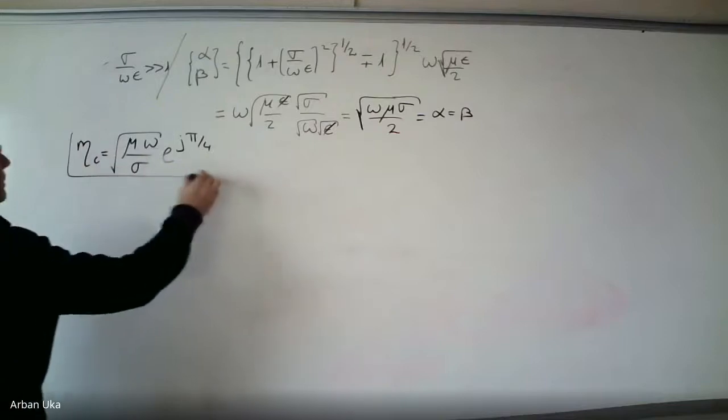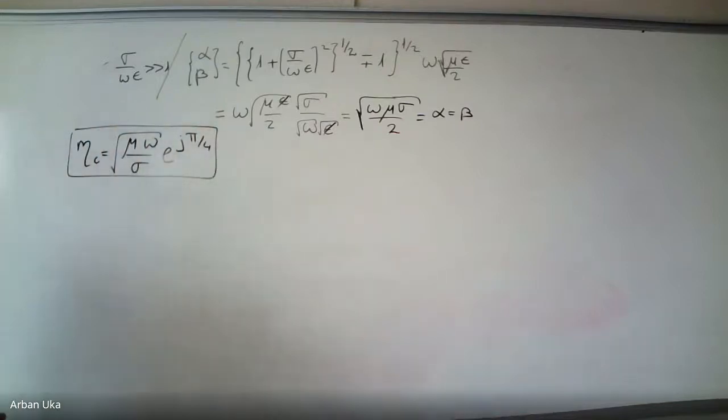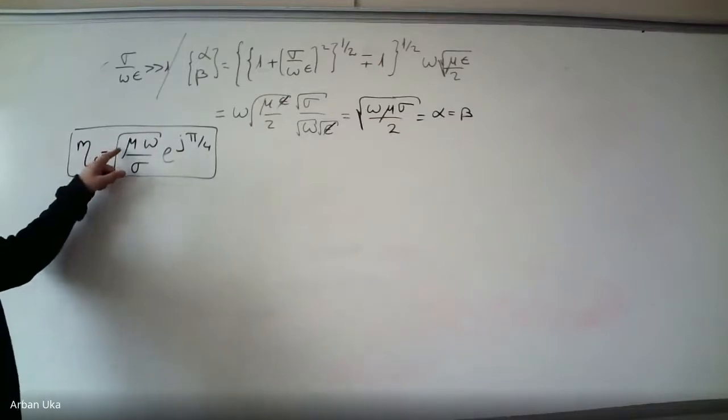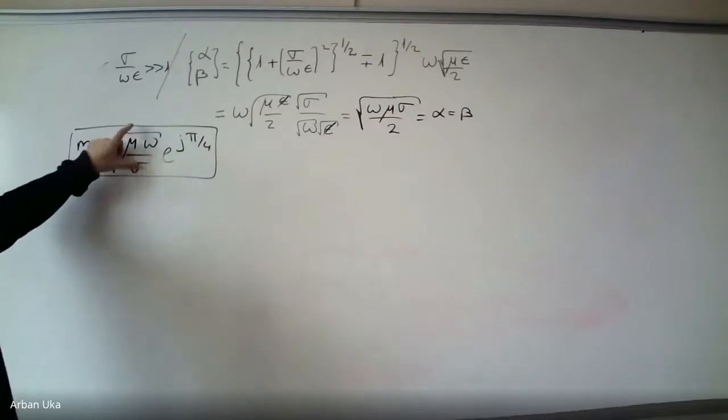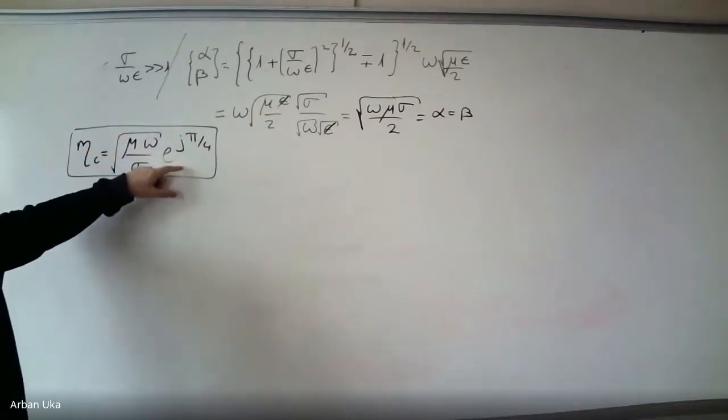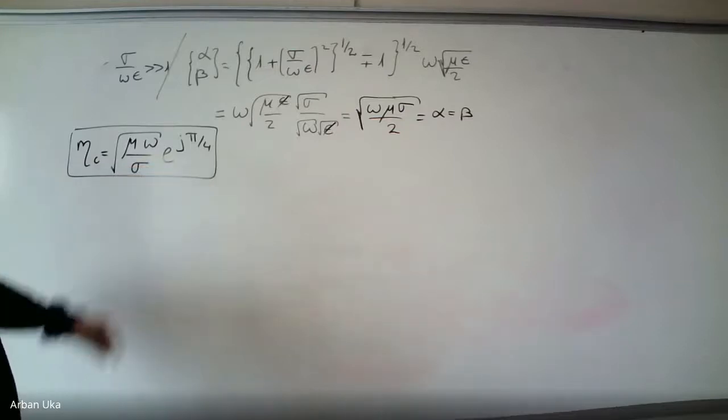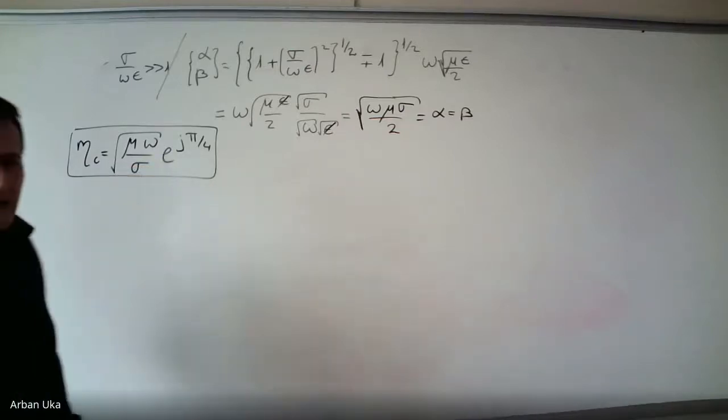So numerically the amplitude of the electric field with respect to the magnetic field intensity will be modified by this magnitude, and the phase will be modified by this much, which means that the magnetic field intensity will lag behind.